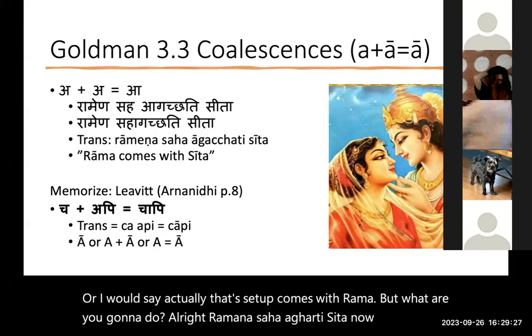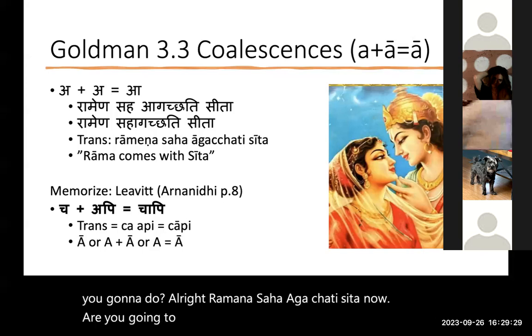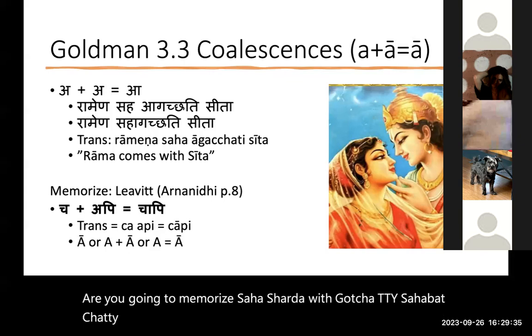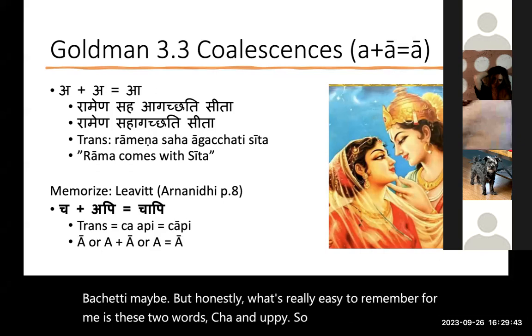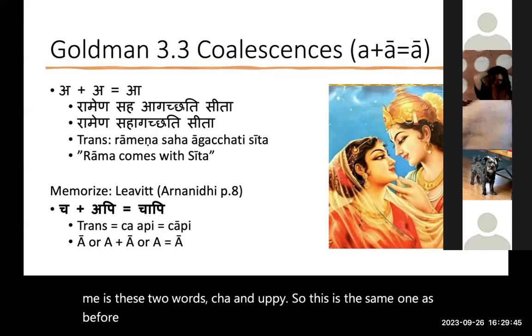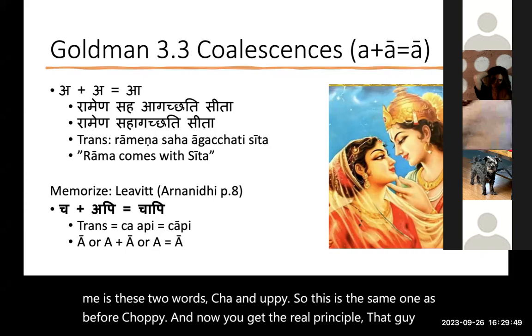Now, are you going to memorize saha with agachati, saha agachati? Maybe. But honestly, what's really easy to remember for me is these two words, cha and uppy. So this is the same one as before, choppy. And now you get the real principle that Guy Levitt is coming to.